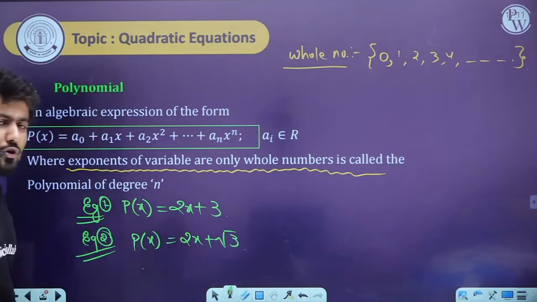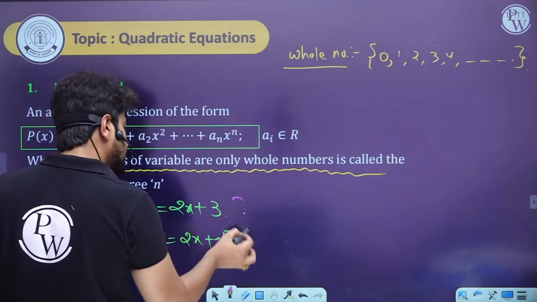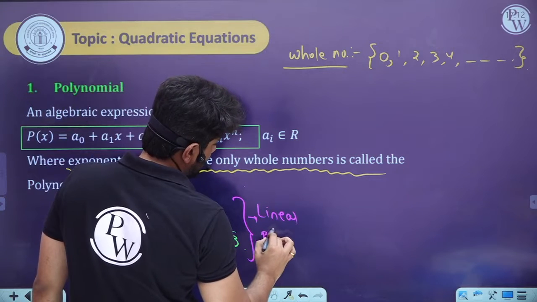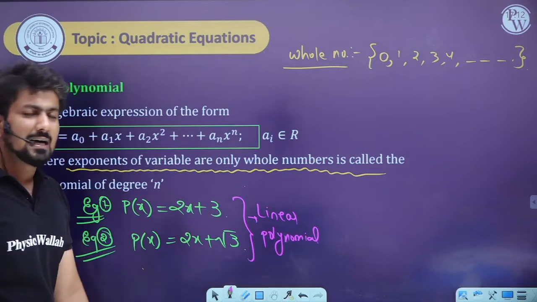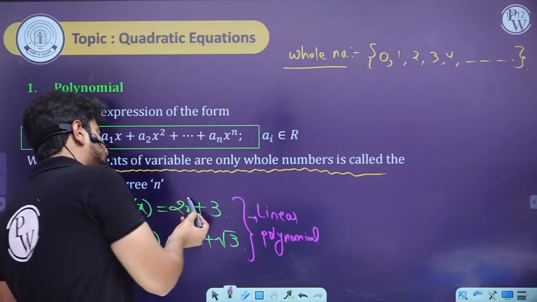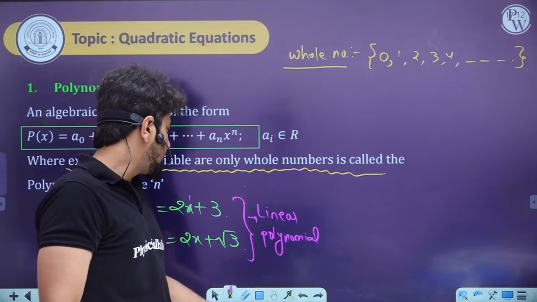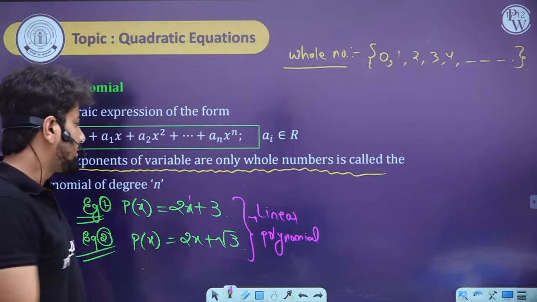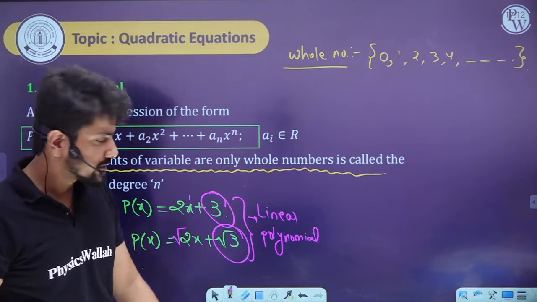Is this also a polynomial? Yes, this is also a polynomial. Both of these are linear polynomials because the highest power of x is 1 over here. If the power of x is 1, then we call it a linear polynomial. Whether there is 3 or root 3 or root 2 over here, that also works.